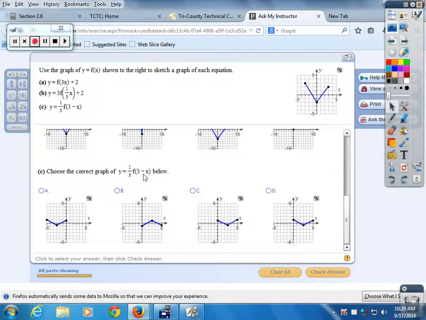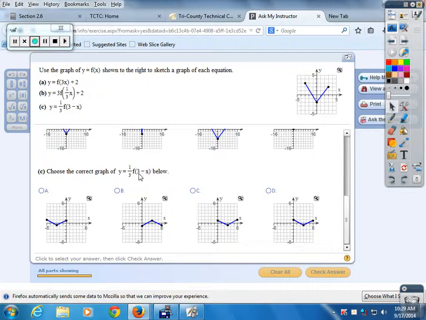Wasn't the 1/3 cancel with 3? Yes, I said that. 1/3 would cancel with 3. Well, let's look. The negative 1 is right here. So turn this around. First of all, turn this around. Negative x plus what?